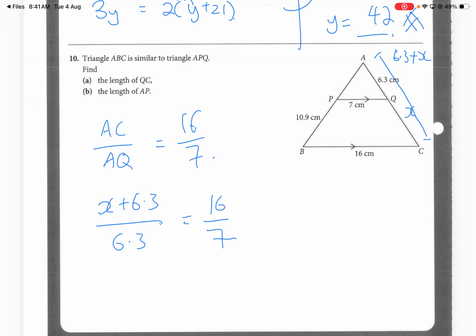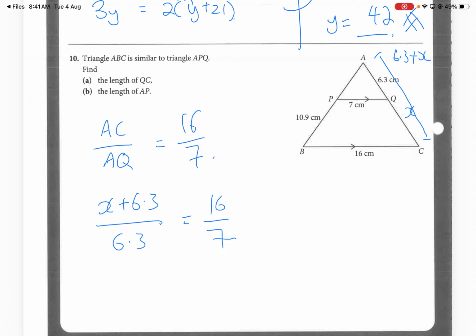Then I go to a corresponding side that I know both the values, 16 and 7. Big one over small one. They will give me the same scale factor. Okay? Then, now I write AC as 6.3 plus X. Then I will be able to form an equation. If I can solve this equation, means I can find out what is X.